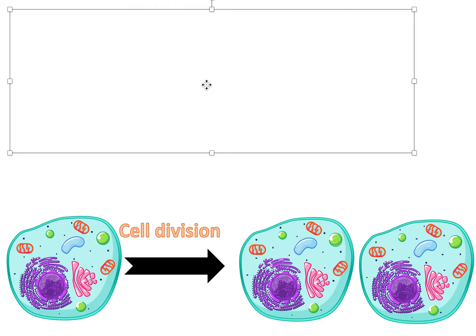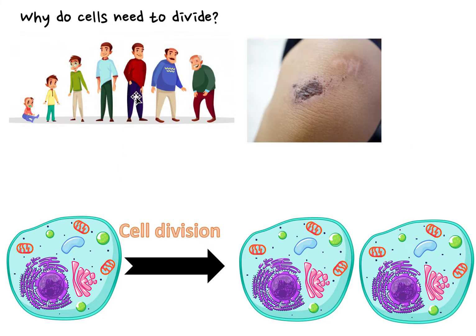So why do we care about the replication? Why do our cells need to divide? Our cells need to divide for two reasons. One, growing up, okay? The only way you can go from a teeny tiny baby into a full-grown adult is if your cells divide and become more and more so that you can increase in size, right?